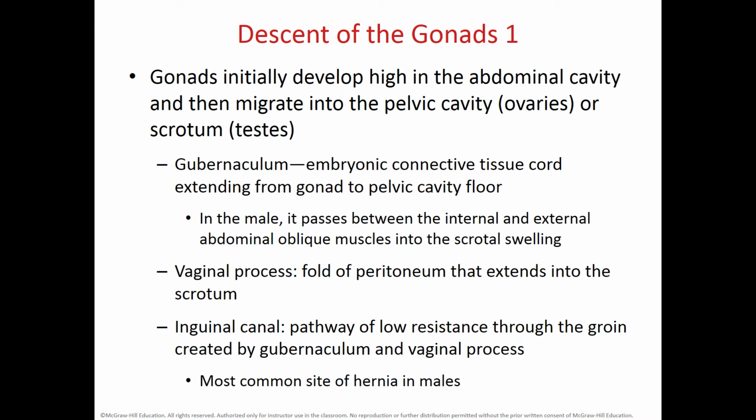Along with this, there is also a process called the vaginal process, a fold of peritoneum that extends into the scrotum and surrounds the testes, protecting them in their migration into the scrotum, passing through a pathway called the inguinal canal. This inguinal canal is the most common site of hernia in males.